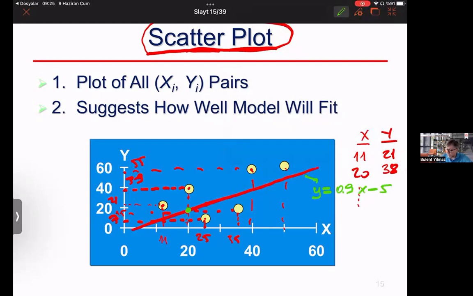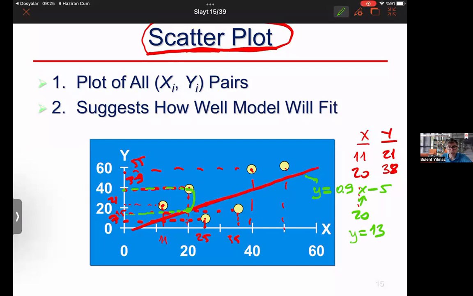Okay, how do I find this point? My prediction, I will put 20 here and find out what is y. 20 times 0.9, 18 minus 5, it is 13. So it is going to be something like this. What's the actual value? This is 39. So what is the error? The distance between these two will be my error.